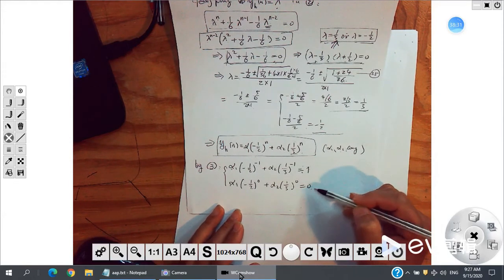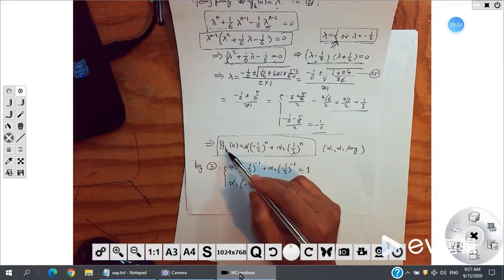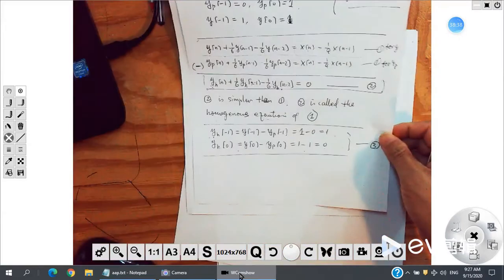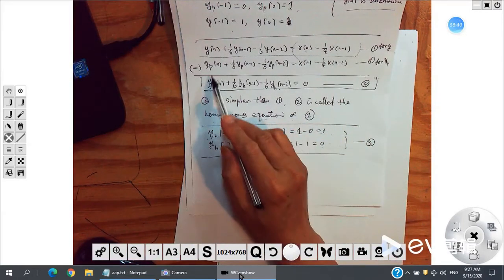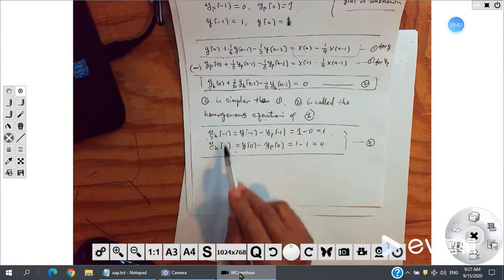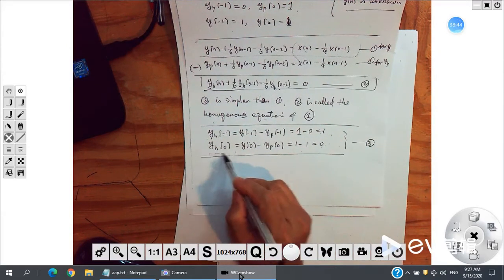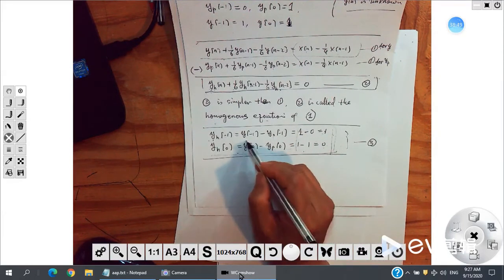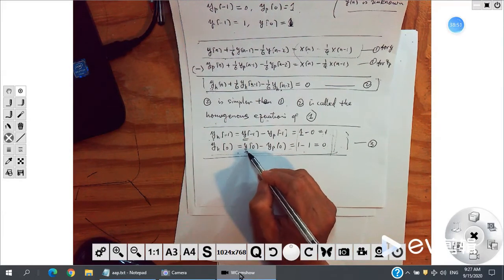Okay, so what are the initial conditions of Y_H? Actually, when we define Y_H, we know this one. This is the initial condition. The initial condition is given here. Because we know the initial condition on Y, they are given.